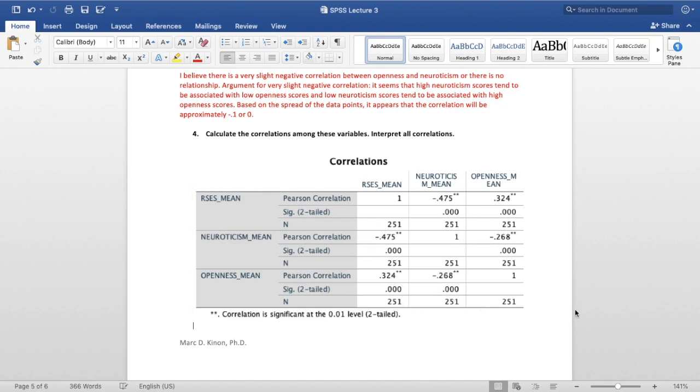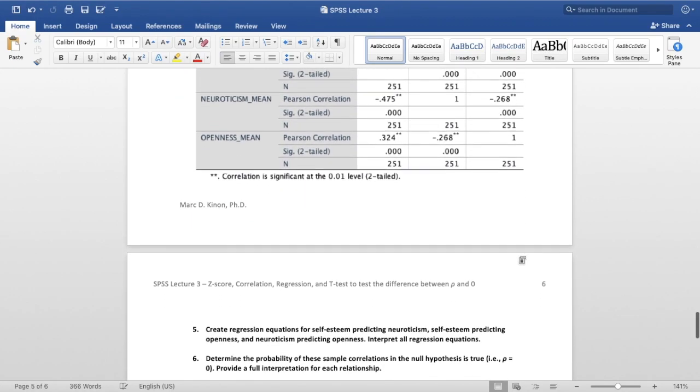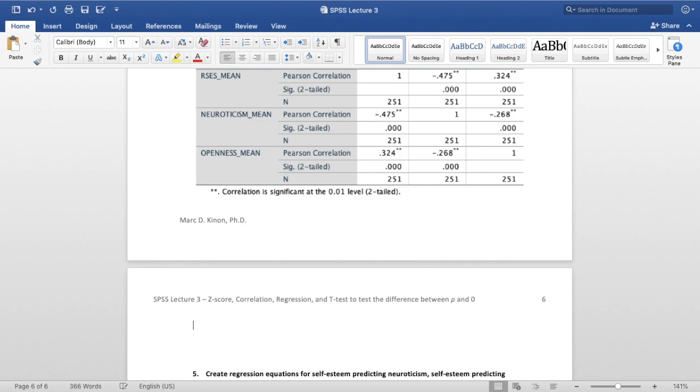So truly, all we're interested in here is the relationship between neuroticism and self-esteem, as well as openness and self-esteem, and then neuroticism and openness. So 1, 2, 3. Let's go ahead and do our interpretations right now.